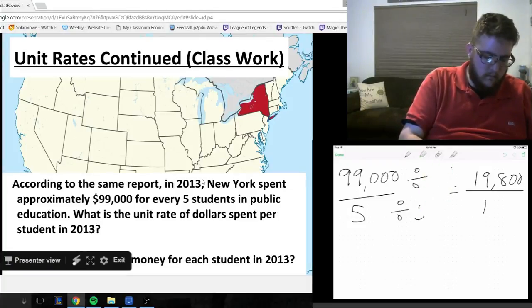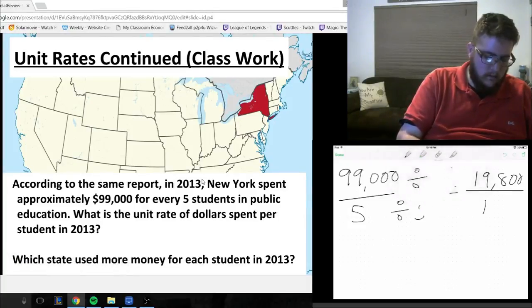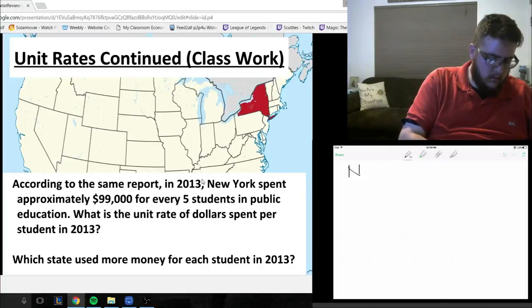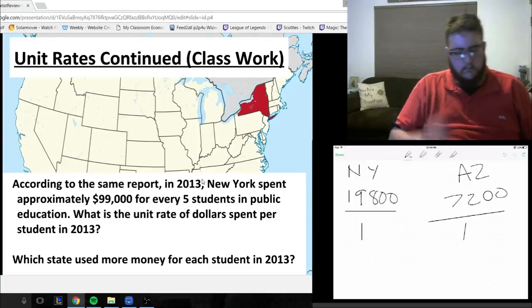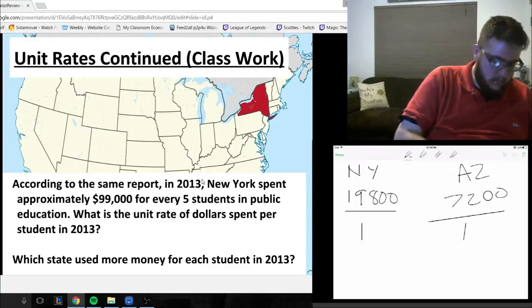So now what we're going to do is compare the two states. So in New York, they spent $19,800 per student, and in Arizona, they spent $7,200 per student. Let me go ahead and write the units here. I'll just write them once, since they're the same.